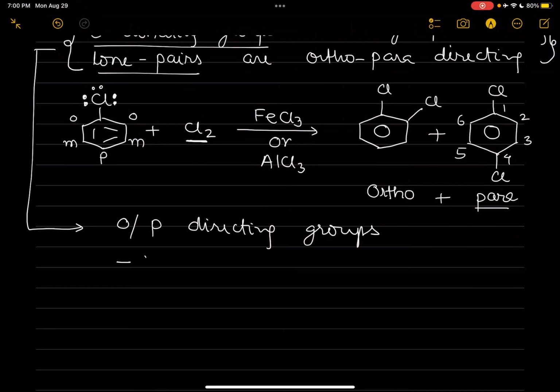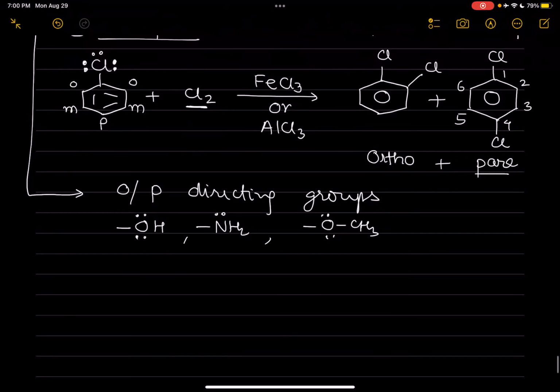Ortho para directing groups are the OH group, all the groups which have lone pair, NH2 group, OCH3 group. These are all ortho para directing.